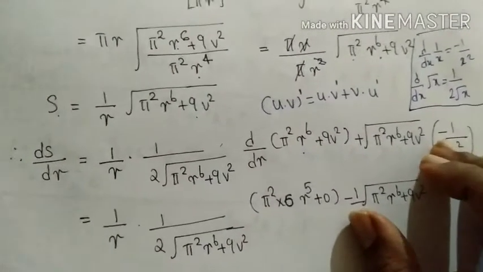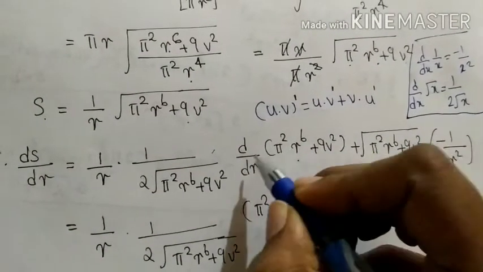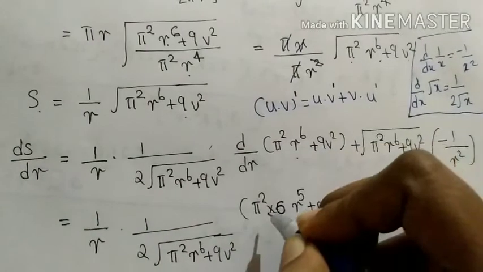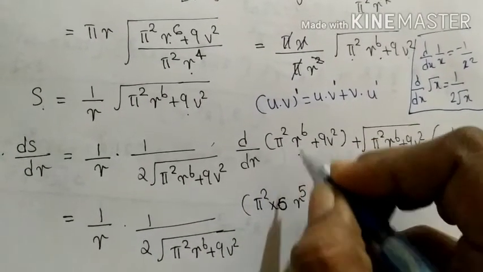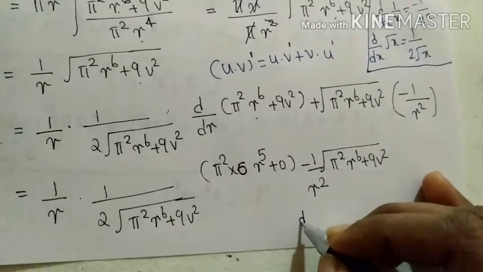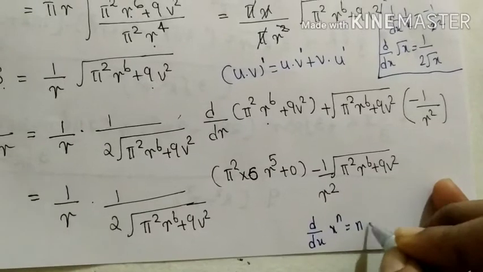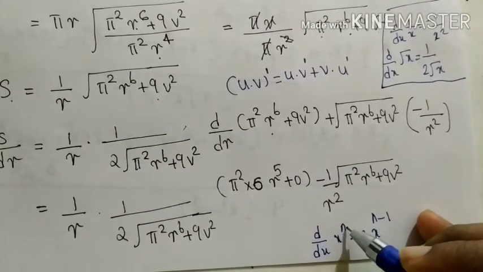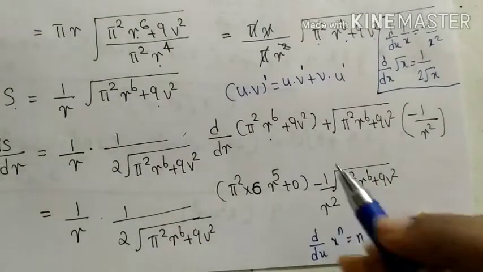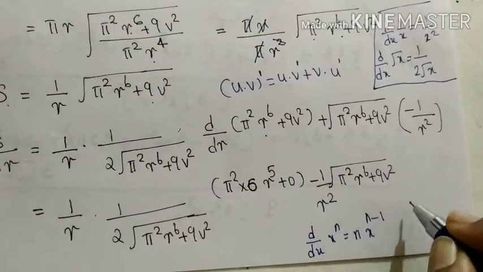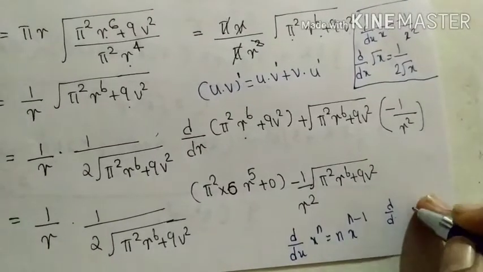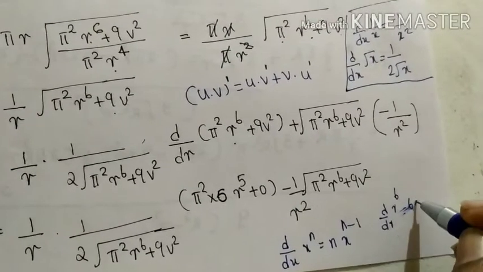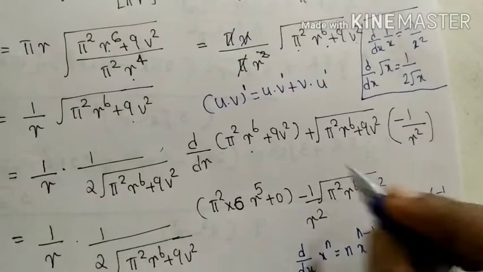Okay, so here the derivative of this term remains same, and derivative of this term is, here pi square is constant and derivative of R raised to 6 is 6R raised to 5, and we know that standard derivative of x raised to n is n into x raised to n minus 1, but here it is R raised to 6, so here in place of n 6 is present, so the d by dR of R raised to 6 becomes 6 into R raised to 6 minus 1, that means 5, right?